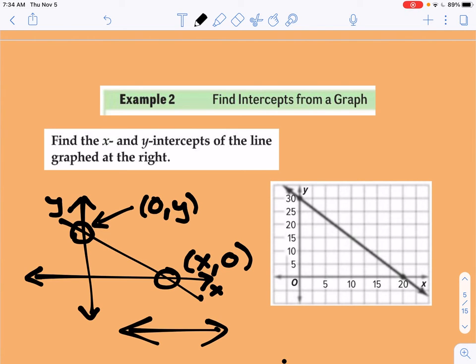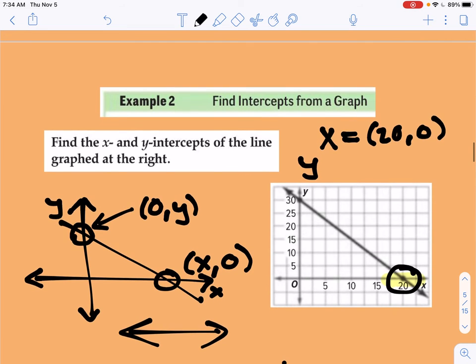So it says find the x and y intercepts of the line graph to the right. All right, so my x-intercept on this one is going to be this one right here, because that's the x-axis and that's where it crosses, right here. And so I would just write my point. So my point would be the point 20, 0, and that's my x-intercept. And then my y-intercept, I'm going to write int here.